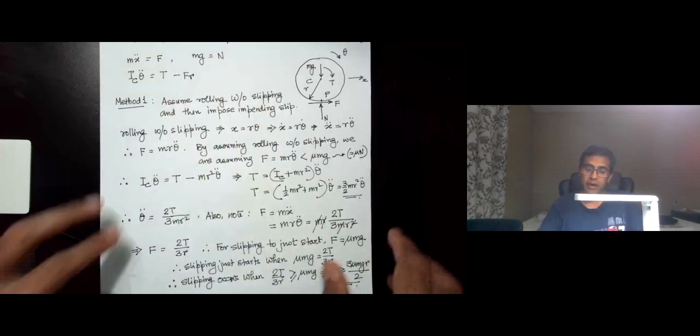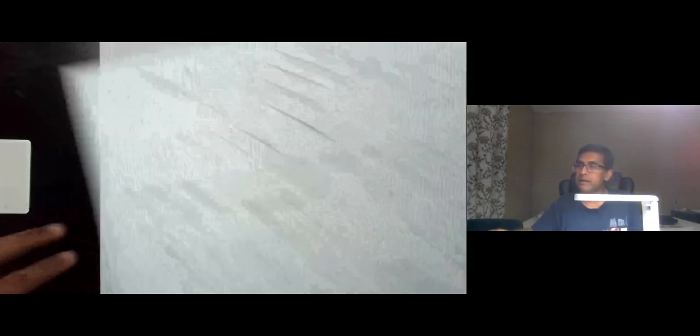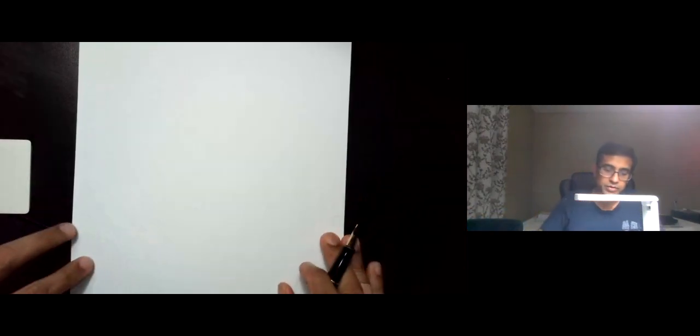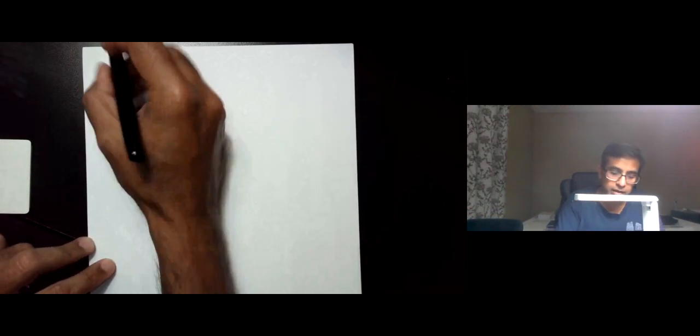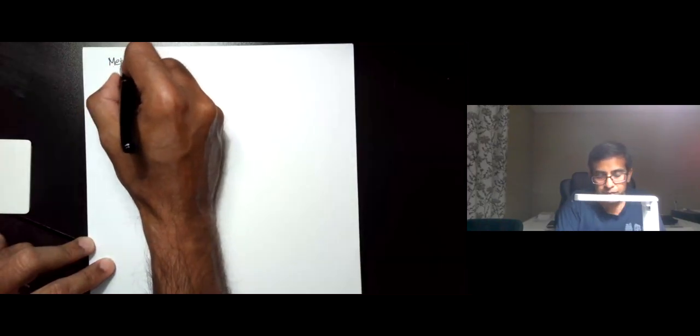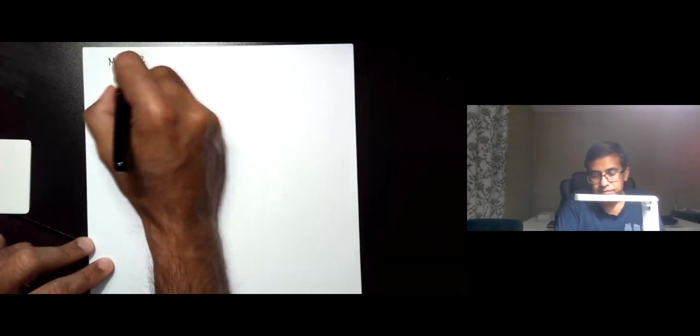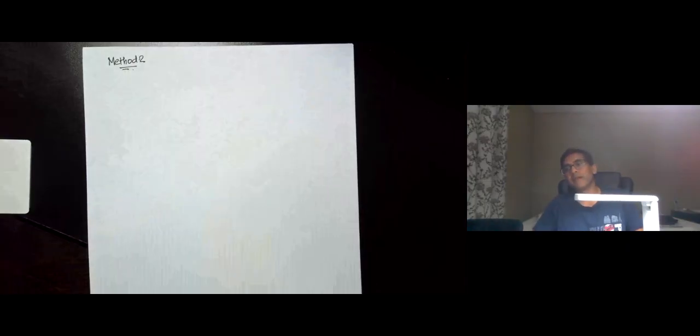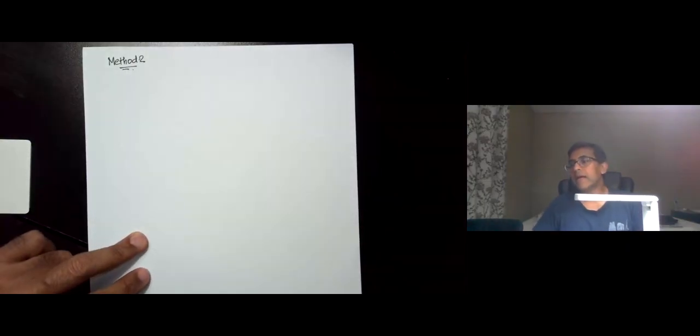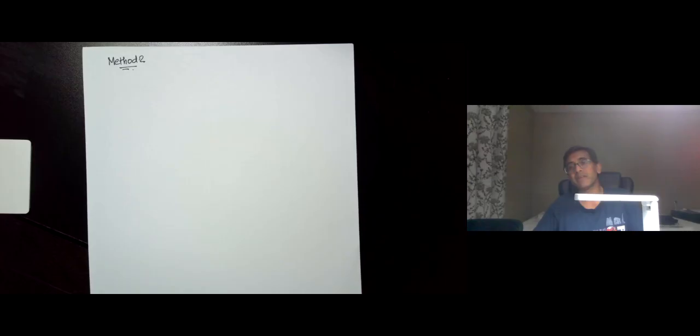Alright, so this is method 1, and for method 2, we can solve this problem using the second method, where we will assume that there is slipping. Okay, and then we will find out the limiting condition for this slip, again by imposing the fact that slipping happens when the required friction force is greater than mu m g.